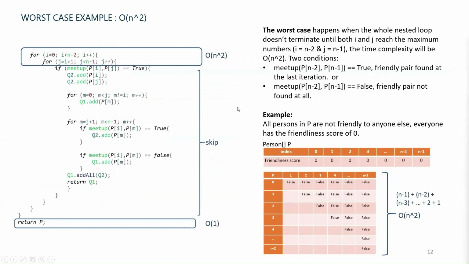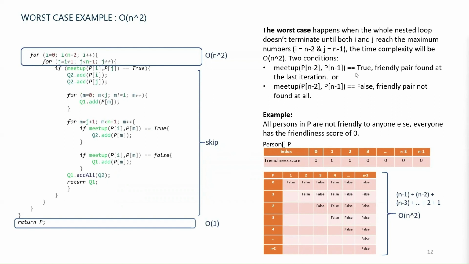Now I'll look at the worst case example. The worst case happens when the whole nested loop doesn't terminate until both i and j reach the maximum number, which is i equals n minus 2 and j equals n minus 1. The time complexity will be O(n squared). There are 2 conditions.